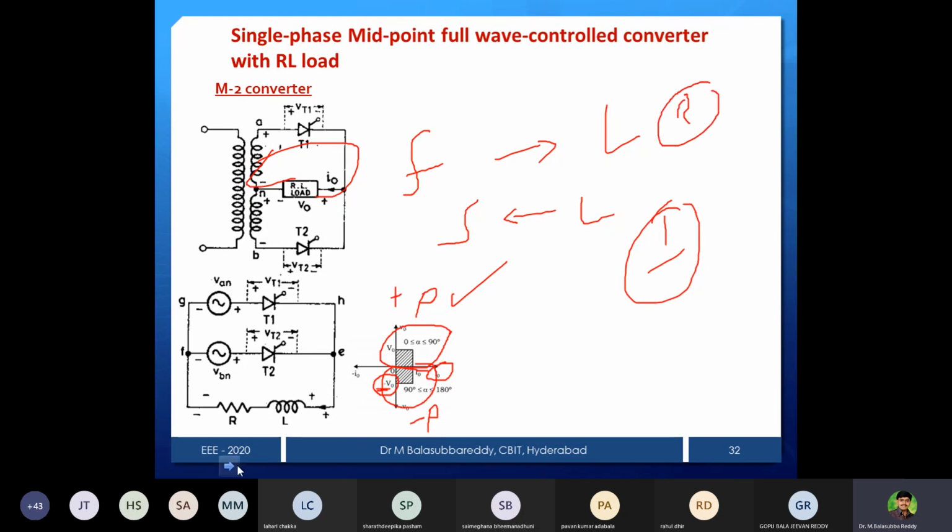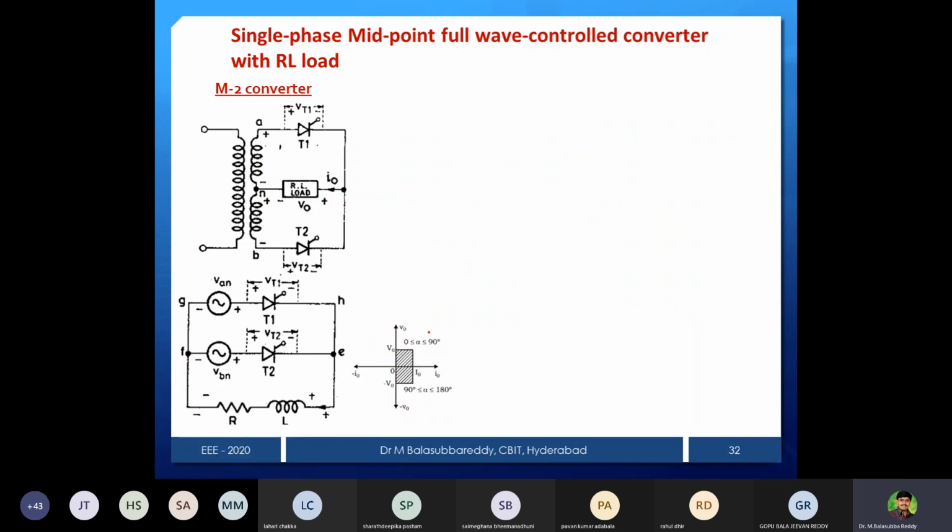How this will be achieved, I will explain. So this is clear cut. Whenever voltage is positive and current is positive, we call it motoring operation or rectification mode of operation, and negative means positive current and negative voltage. Why is current always positive?